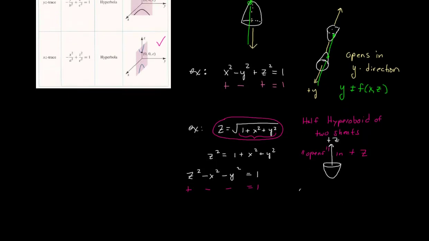Now, in this case, z is in fact a function of x and y. So if we take verticals from the z, all of them will pass through at most 1 point on the surface. So we do have a function here because it's half.